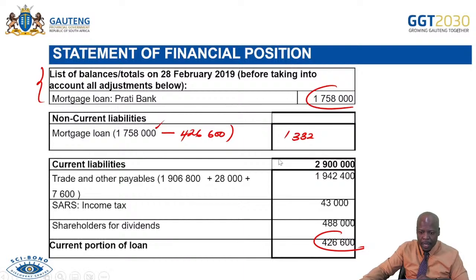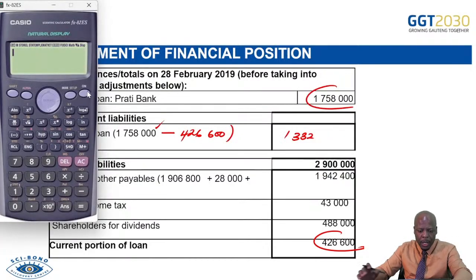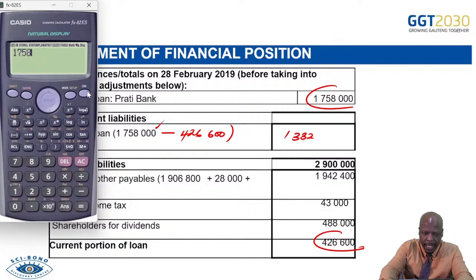If we are going to get that figure there, we are going to say our 1,758,000, minus the 426,600.